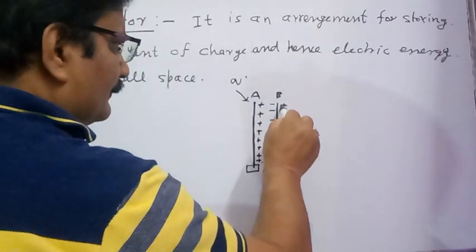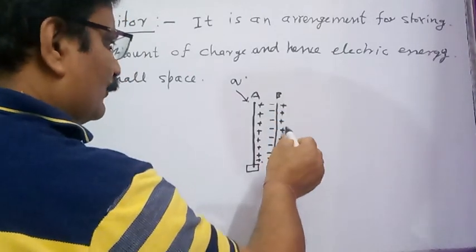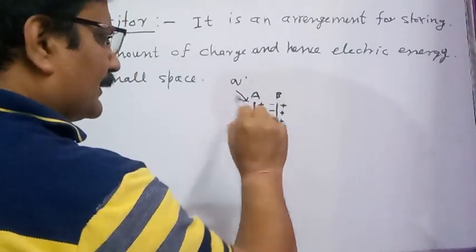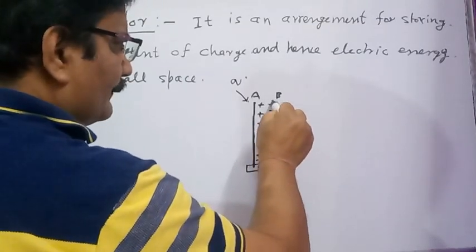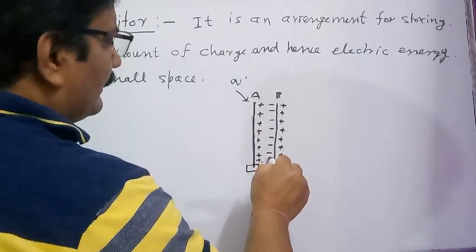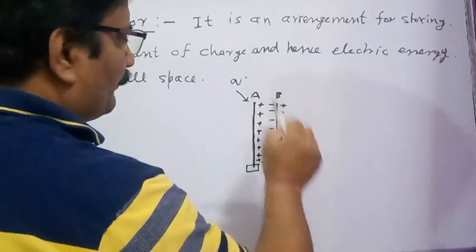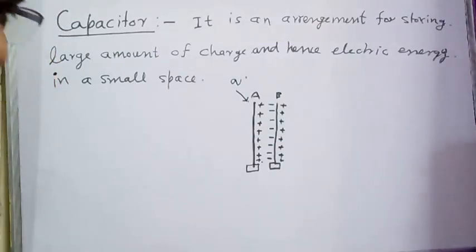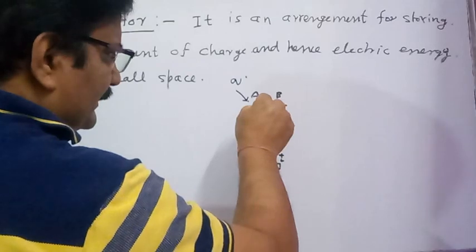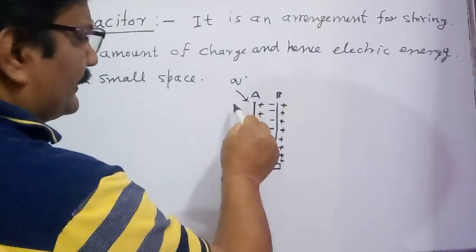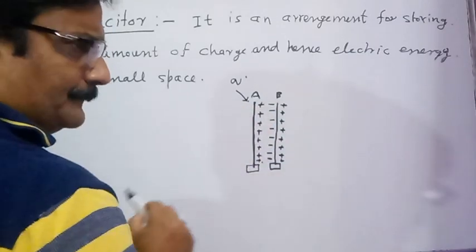But at the same time, the positive charges on the other face try to increase the potential on the surface of conductor A. So the decreasing effect of the negative charges is almost neutralized by the increasing effect of these positive charges. But what is our purpose? Our purpose is to decrease the potential on the surface of conductor A so that it can store more of the charge given to it.